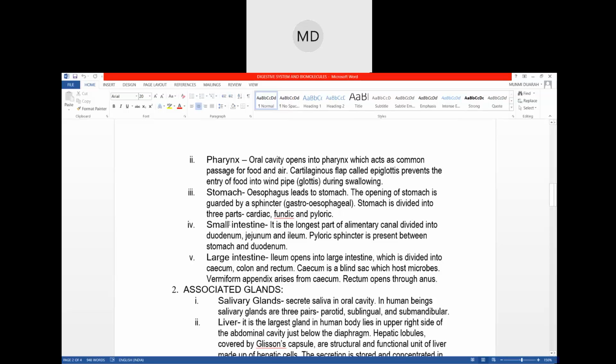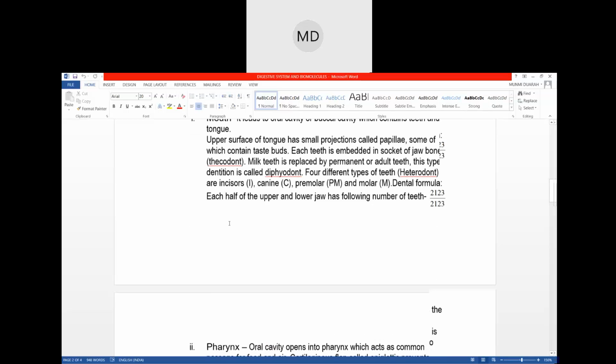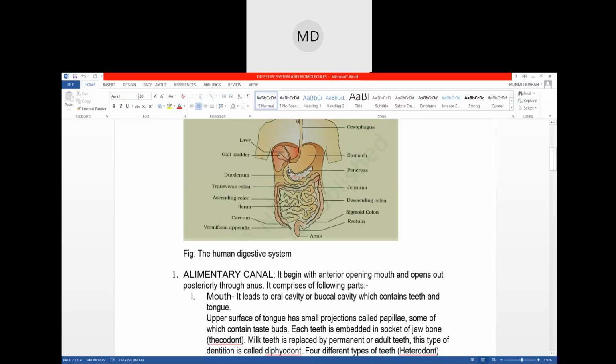So next is the small intestine. You can see the small intestine is not only this one. It starts from here, where the stomach ends. The small intestine is also divided into three parts. One is the duodenum, this portion.